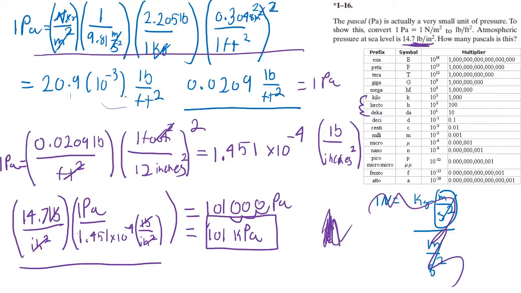Then we simplified to come out to pounds over feet squared. From there, we converted pounds per feet squared into pounds per inches squared, so we could use our given number, the atmospheric pressure at sea level, and use that conversion factor to go into pascals. And that is what we basically did here.